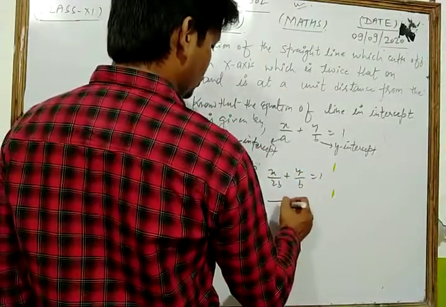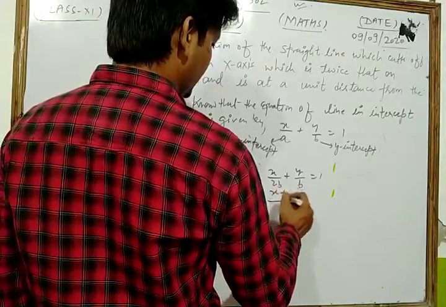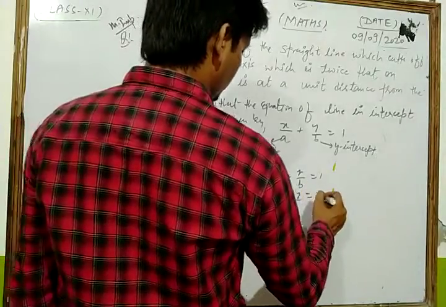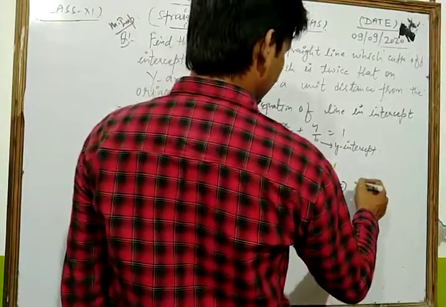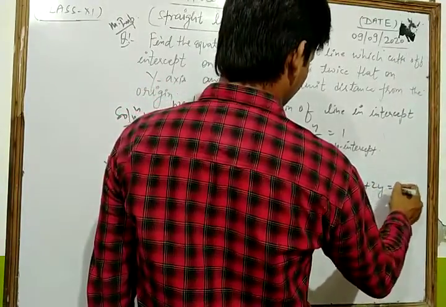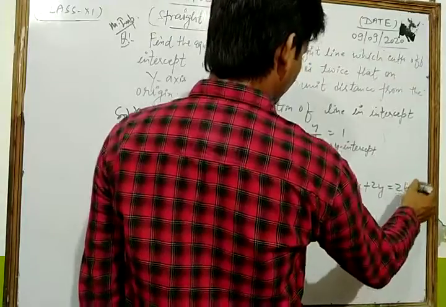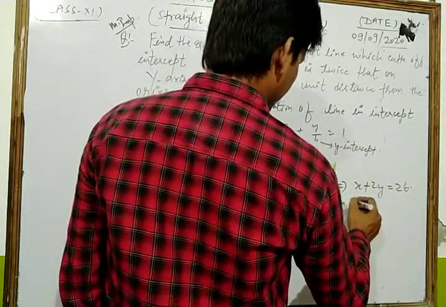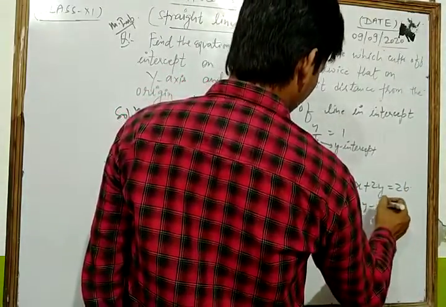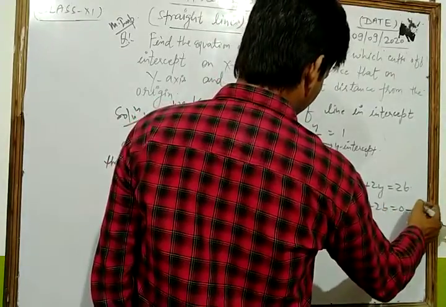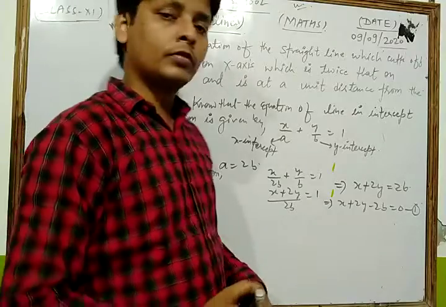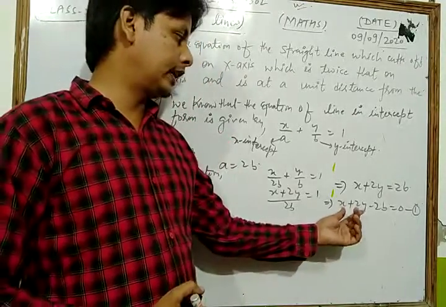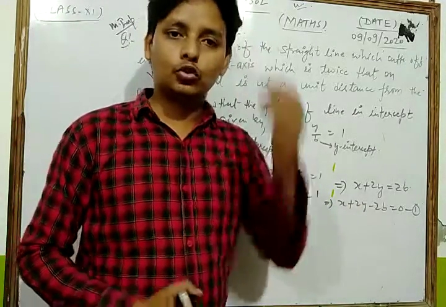Now we take the LCM as 2b, so we get x plus 2y is equal to 2b. So we write the equation x plus 2y minus 2b is equal to 0. Take this as equation number 1. So in this way we get the required equation of the line as x plus 2y minus 2b is equal to 0.